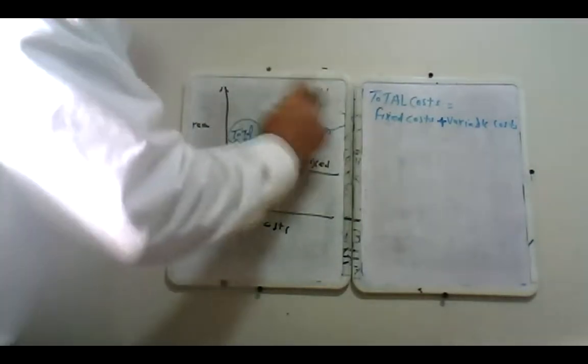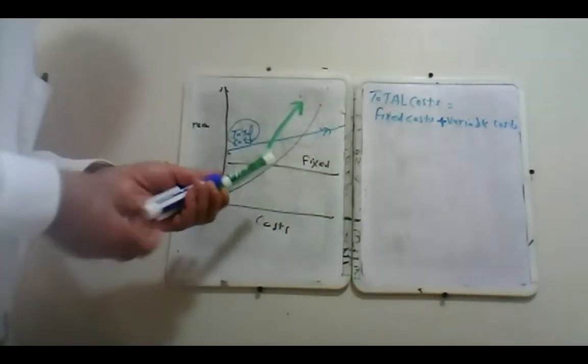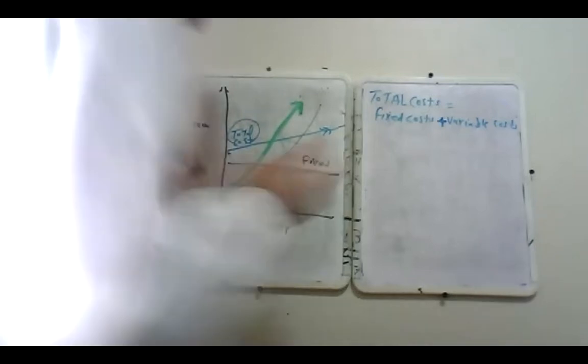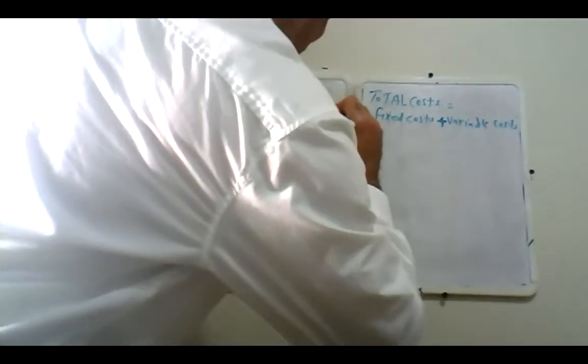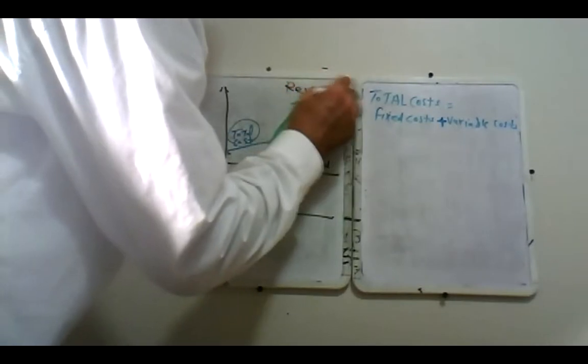Now this is the variable cost down here. And now this is the revenues. The green one is the revenue.